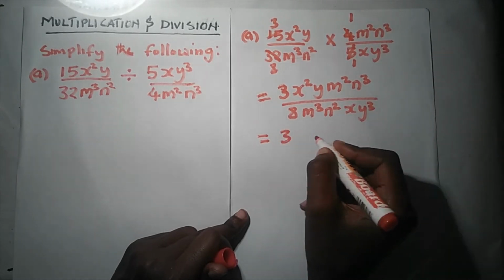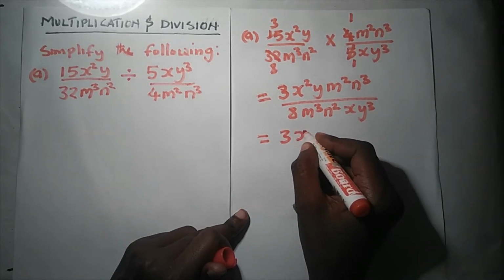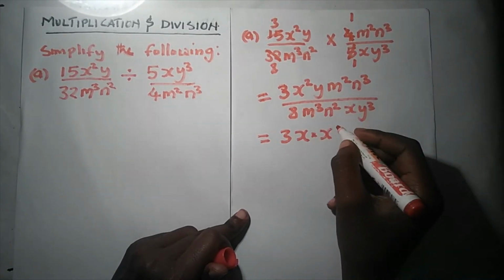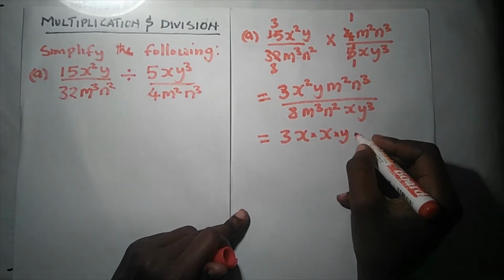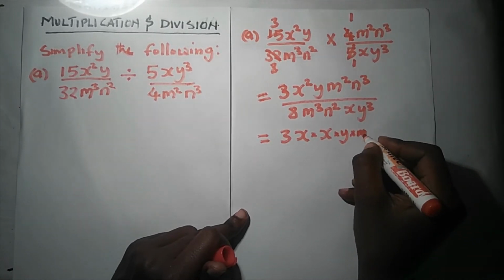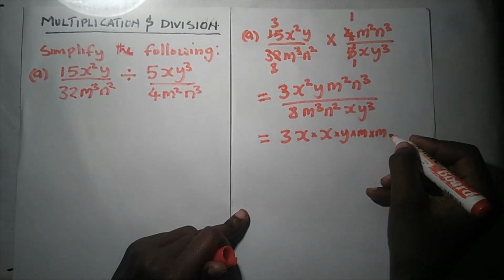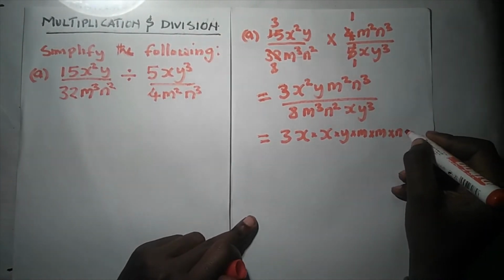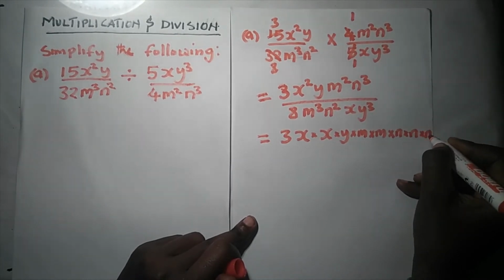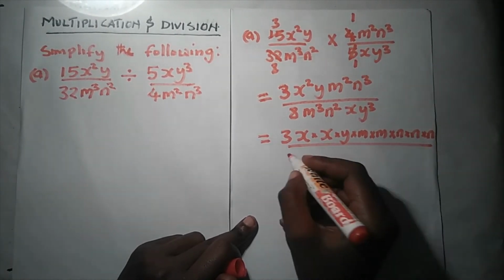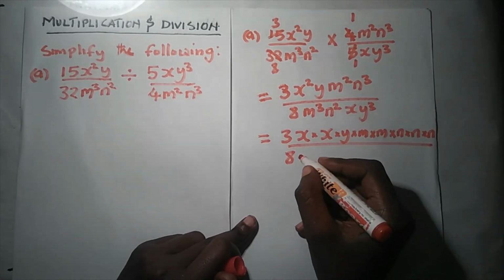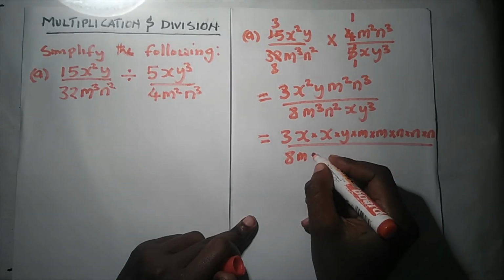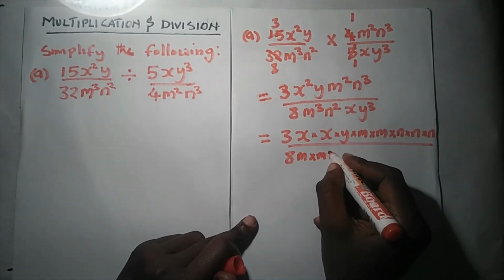You are going to have 3 times x times x, this is x squared here, times y times m times 3 n's, n times n times n, over 8 times m times m times m.